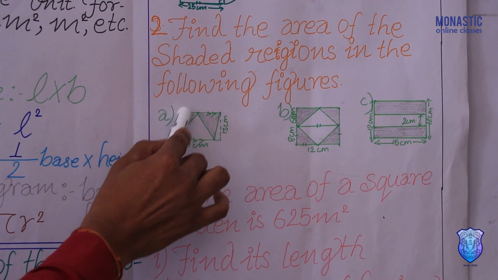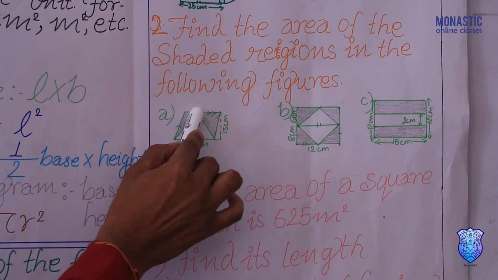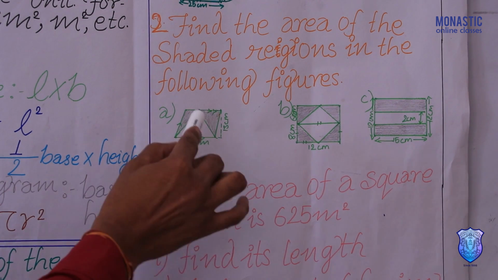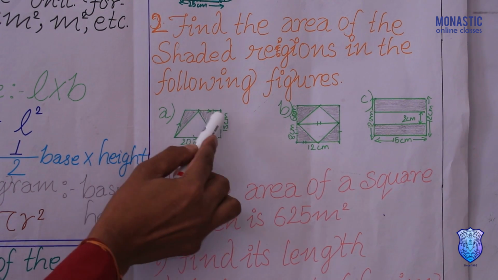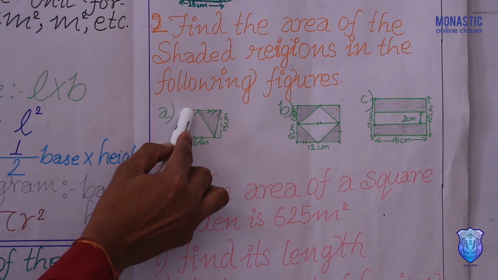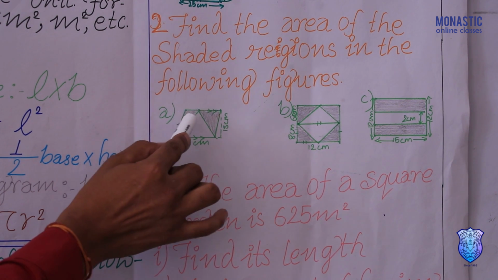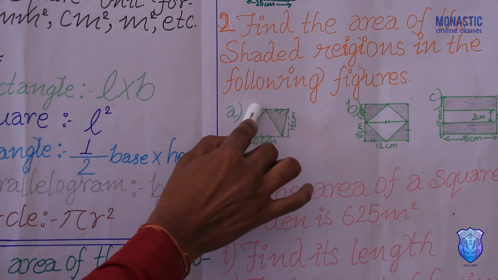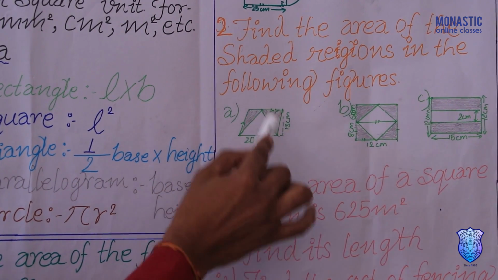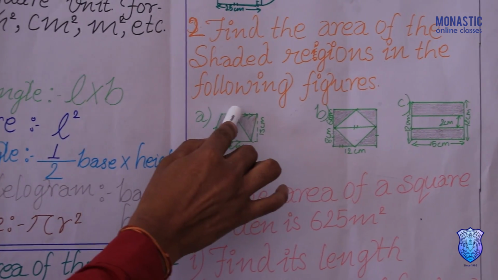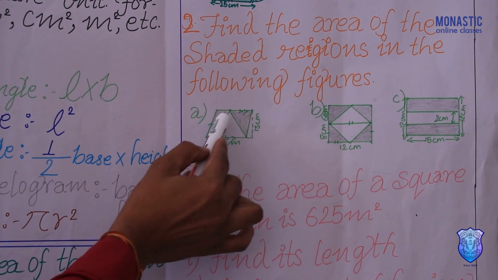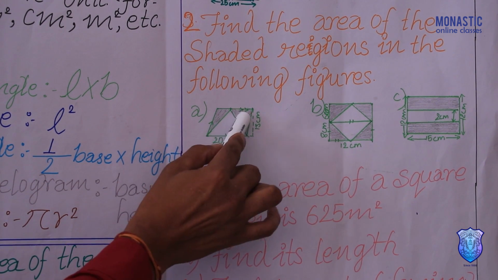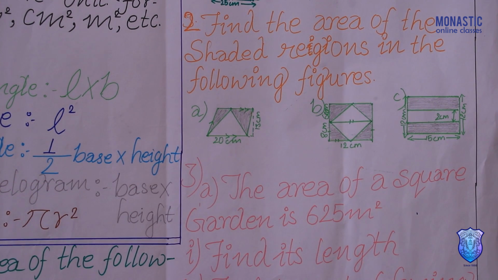And when you have the area of the parallelogram and the area of the triangle, now we have to find this area. So how to find it? Simply, area of shaded region is equal to area of parallelogram minus area of triangle. And when you subtract, you can get the area of the shaded part.